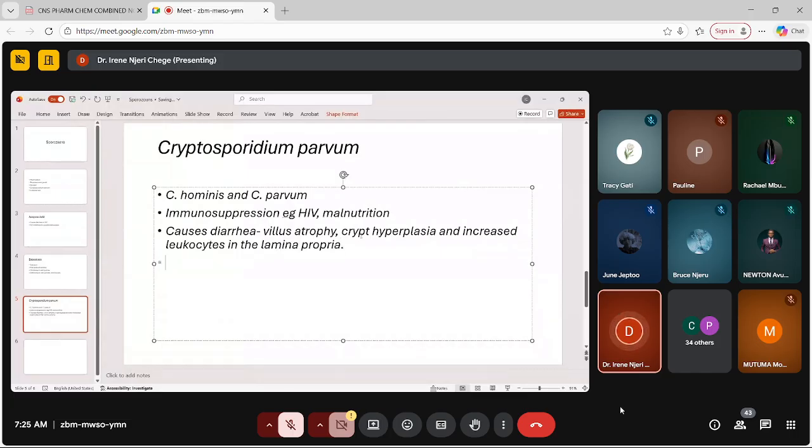So this results in sodium malabsorption, and then it causes electrolyte, chloride secretions and increased intestinal permeability.